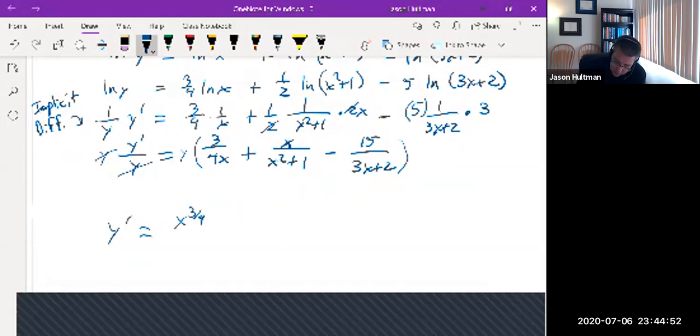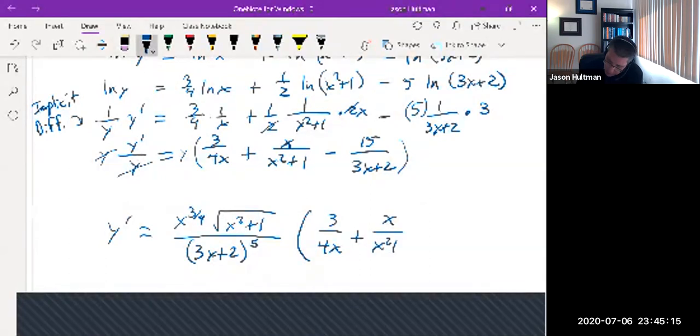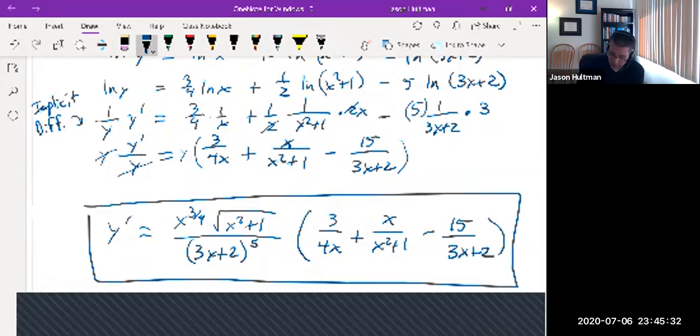It was x to the 3/4 times the square root of x squared plus 1 all over 3x plus 2 to the 5th, times 3 over 4x plus x over x squared plus 1, minus 15 over 3x plus 2. Okay, that's it. That's the derivative.